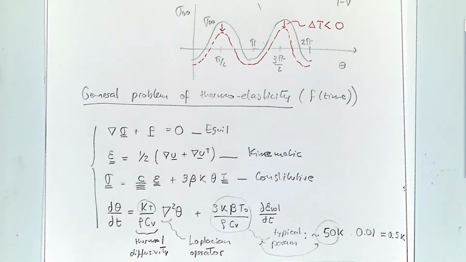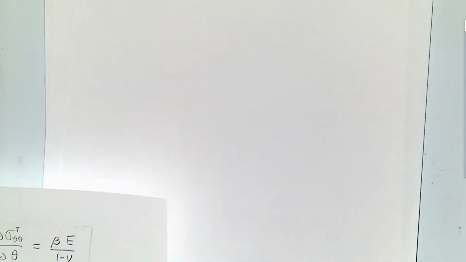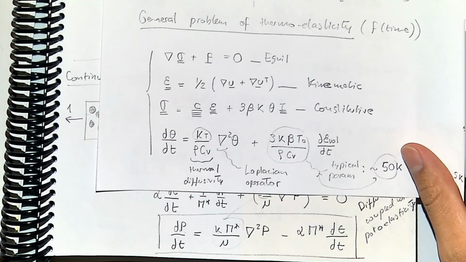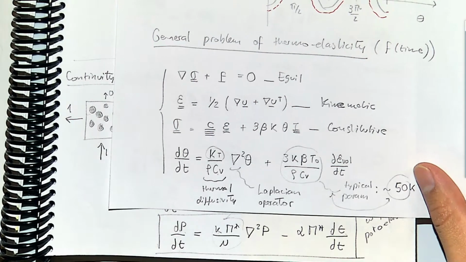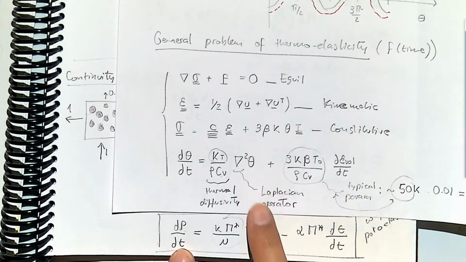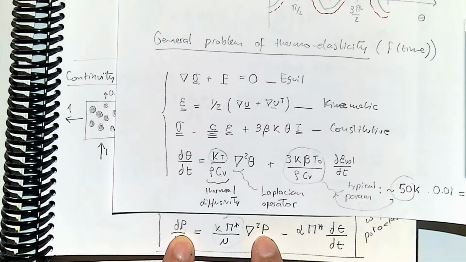So, as I was telling you before, we also derived that diffusivity equation for a poro-elastic problem. Let me find it here in my notes. It is this equation, and notice how similar it is, but instead of solving for temperature, here you solve for pressure.